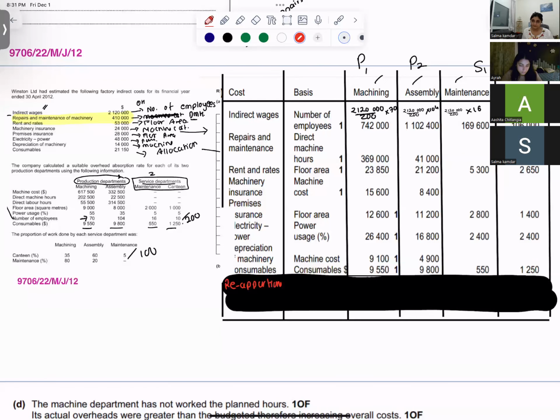So what is the total of the canteen department? One minute. The things that we found right now, right?